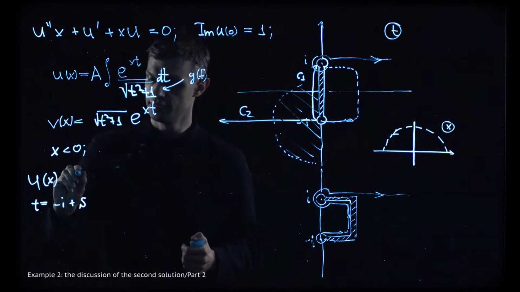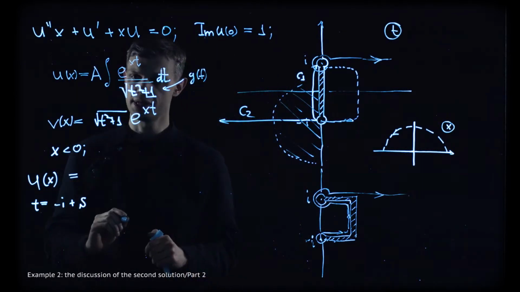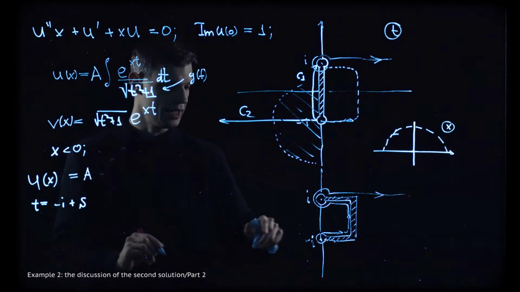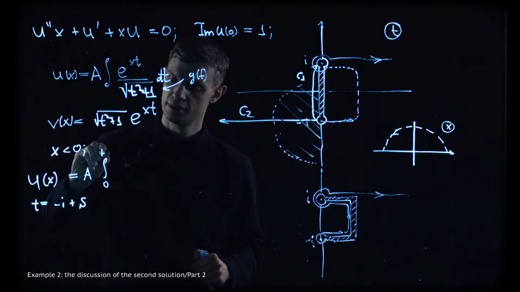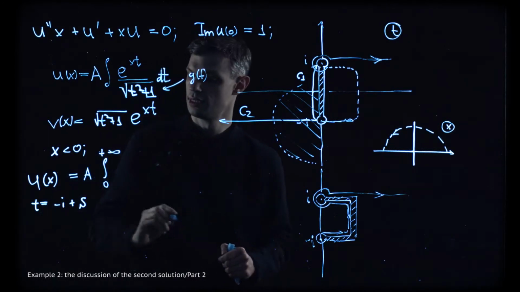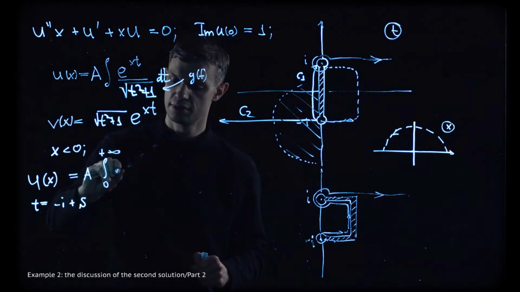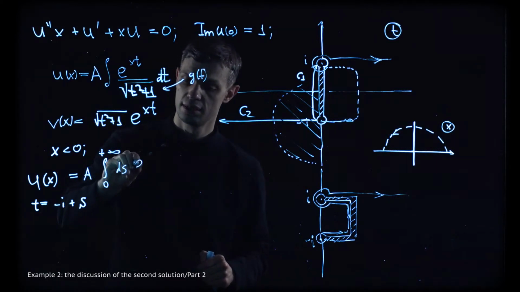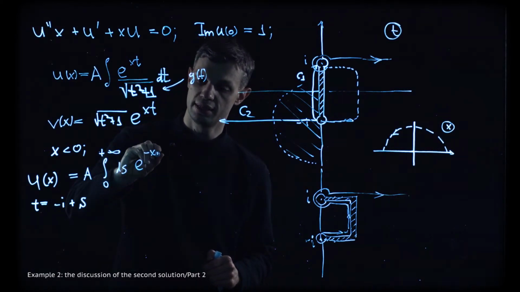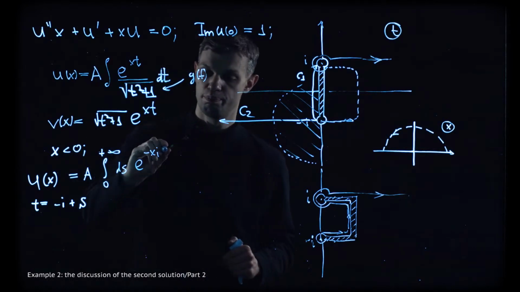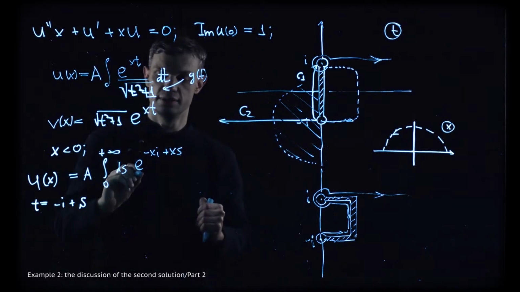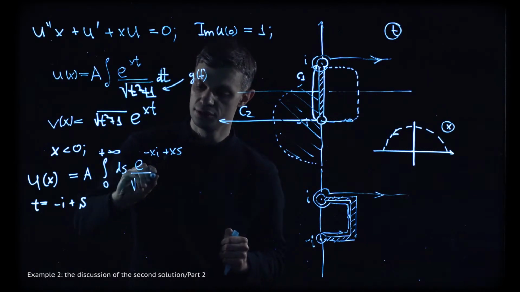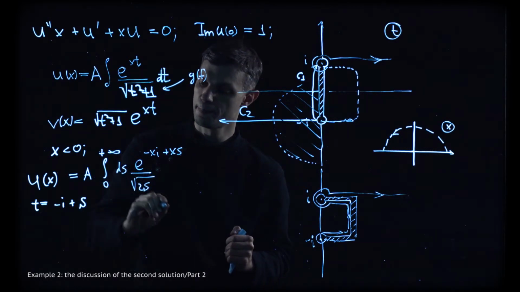Here is our integral. s changes from 0 to plus infinity. dt is equal to ds e to the minus xi plus xs, where x is negative now, divided by square root of 2s.